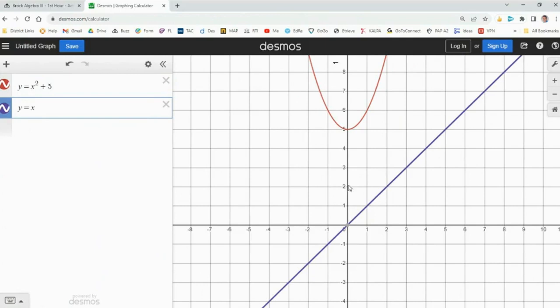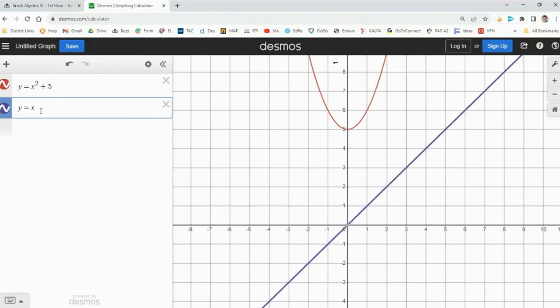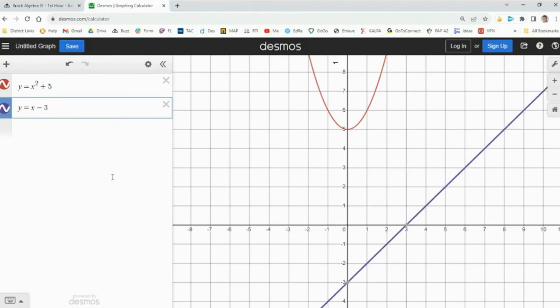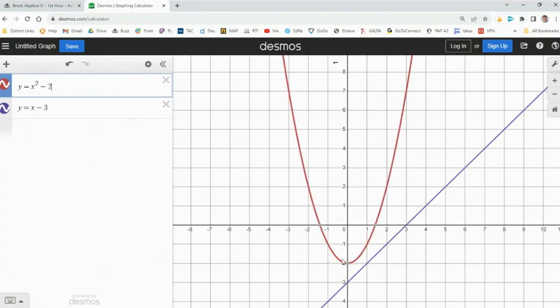If I want that to go up 5, I just put plus 5. And look, now it's up here. Instead of 0, 0, it's 0, 5. If I want it to go down 3, I put a minus 3 on the end. If I did the same thing up here, instead of plus 5, made that minus 2, it would just go down 2. So vertical shifts are just added to the end of the equation, whatever kind of equation it is.